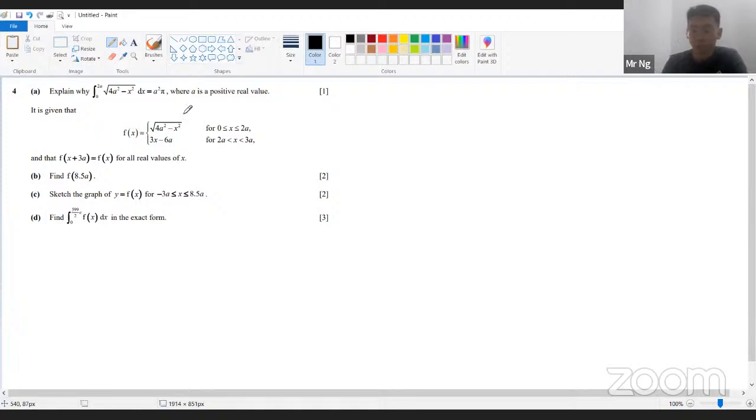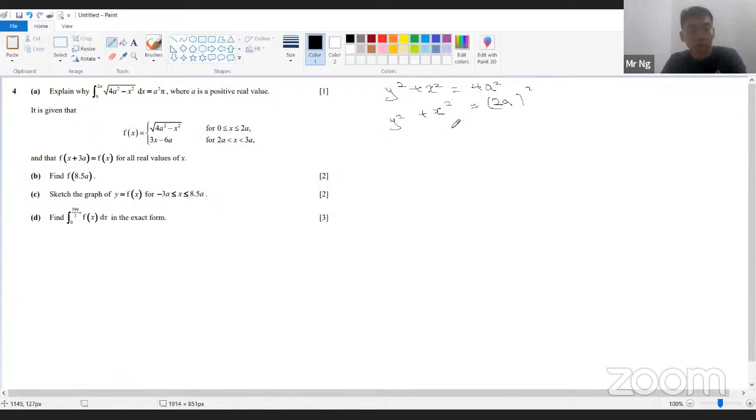Explain why this equals this. Let me just integrate. Oh, this one looks like a circle. Okay, so y squared plus x squared equals 4a squared. So this is a circle with center 0, 0, and radius 2a.